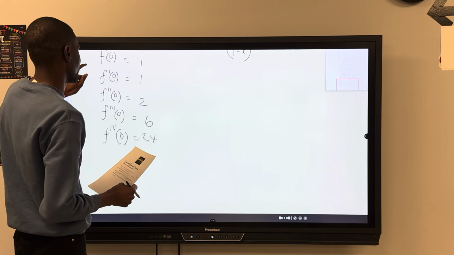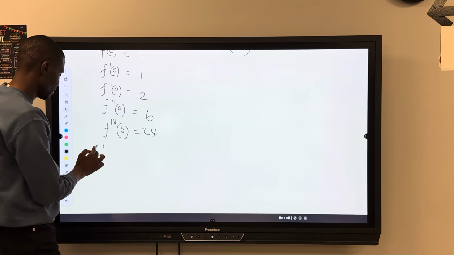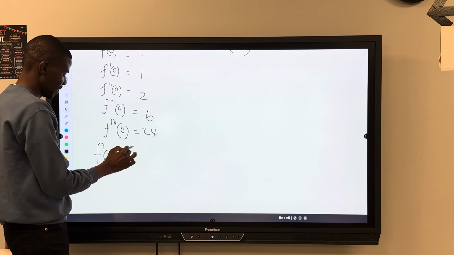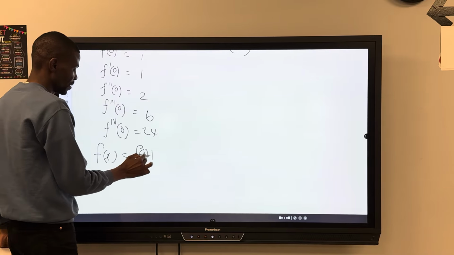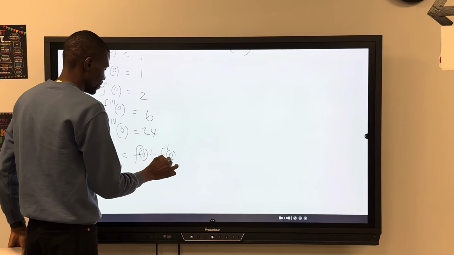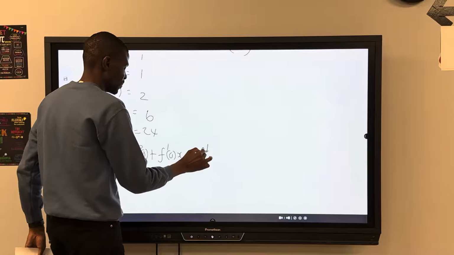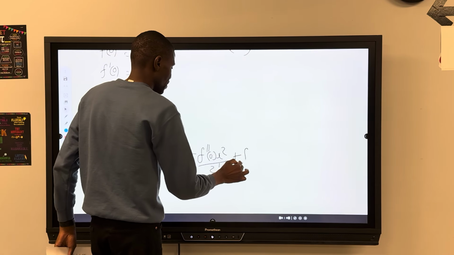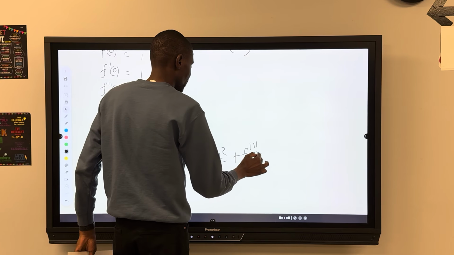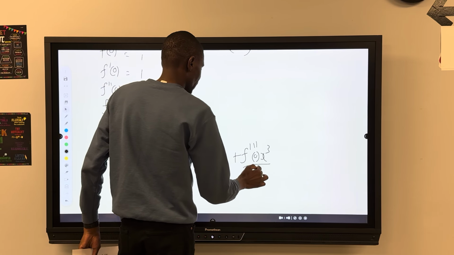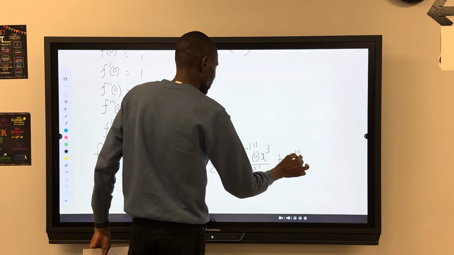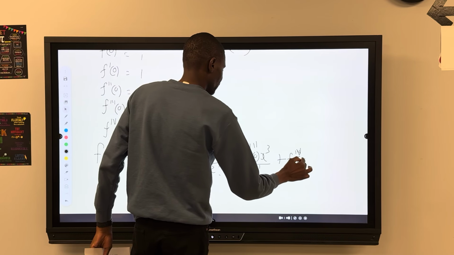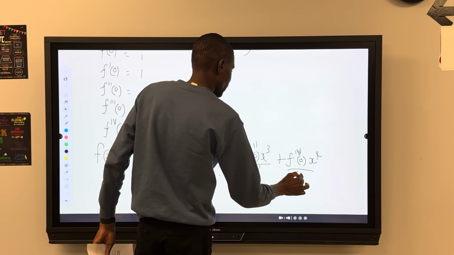Right, so once we have this, we know that the Maclaurin series states that f of x is equal to f of 0 plus f prime at 0 times x plus f double prime at 0 times x squared over 2 factorial plus f triple prime at 0 times x cubed over 3 factorial plus the fourth derivative at 0 times x to the fourth over 4 factorial.